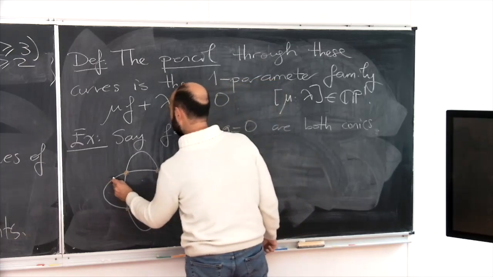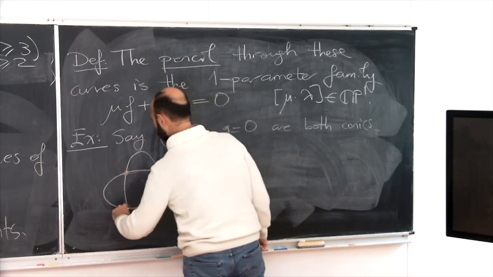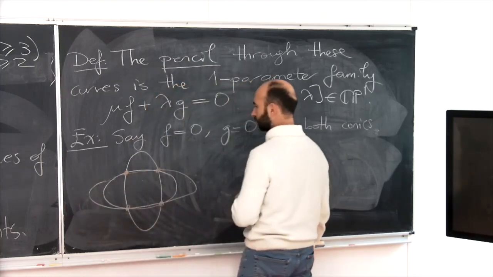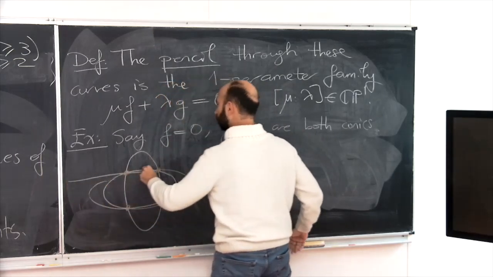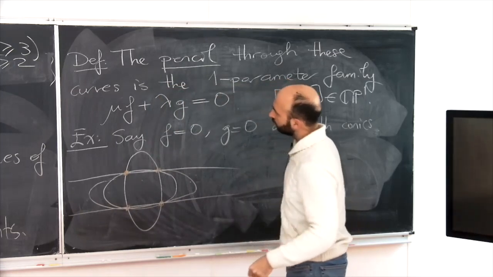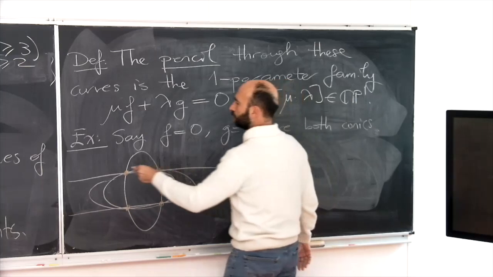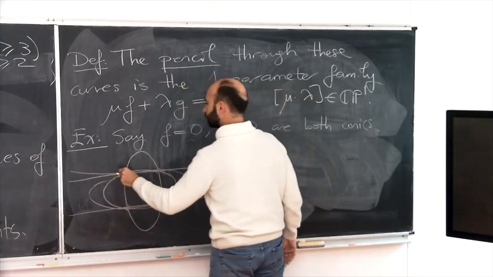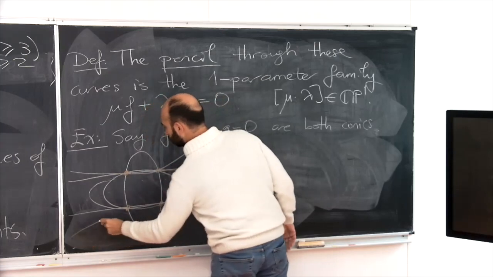You'll get different curves like this, but at some point this family will degenerate into 2 lines. If you keep pushing, if you increase the parameter, you'll begin to get some hyperbolas, although I didn't really draw it well.